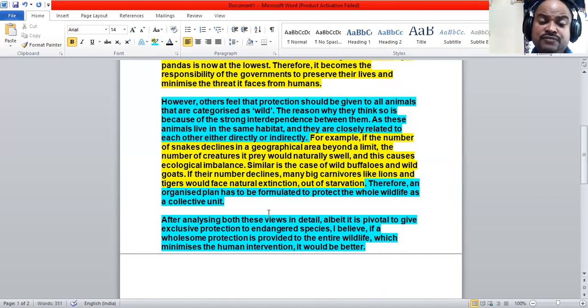After analyzing both these views in detail, we have analyzed both the paragraphs. Albeit it is pivotal to give exclusive protection to endangered species, I believe if a wholesome protection is provided to the entire wildlife, which minimizes the human intervention, it would be better. Humans should not intrude into the wildlife property.